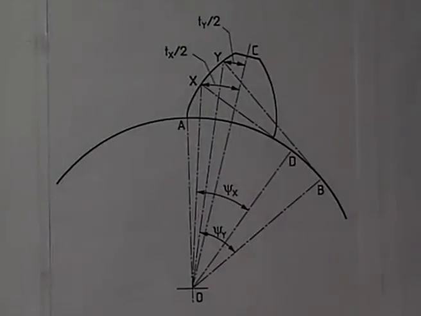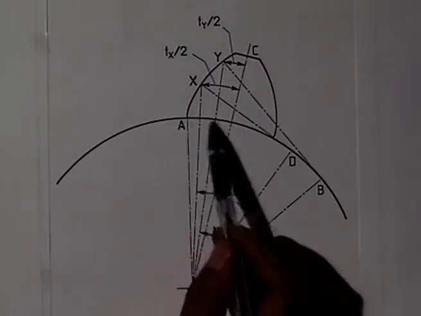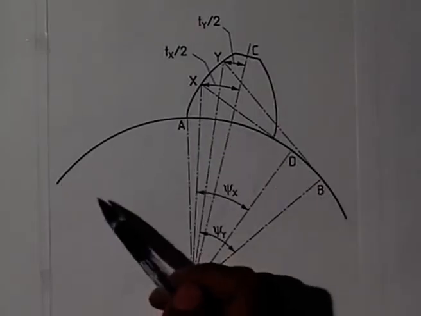Just now we have discussed the basic geometrical relationship between an involute profile and its base circle. These relations are very useful for studying gear tooth geometry, as I said earlier, and here we discuss an example. Suppose this is an involute tooth profile which has been generated from this base circle.